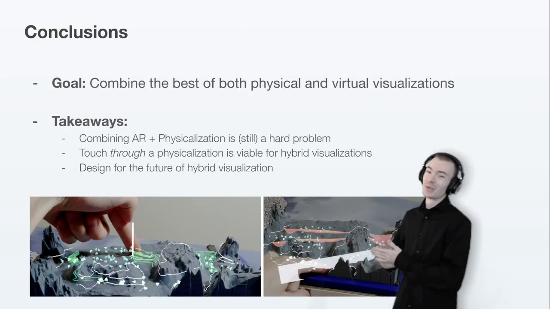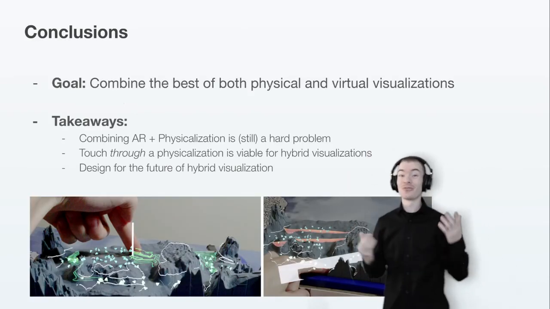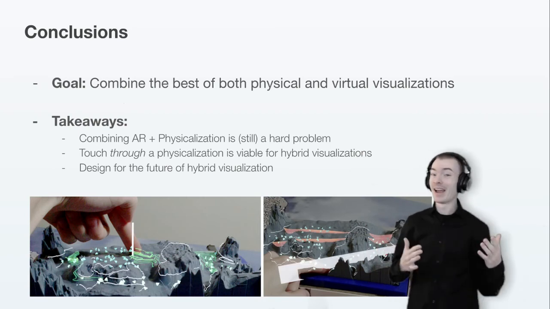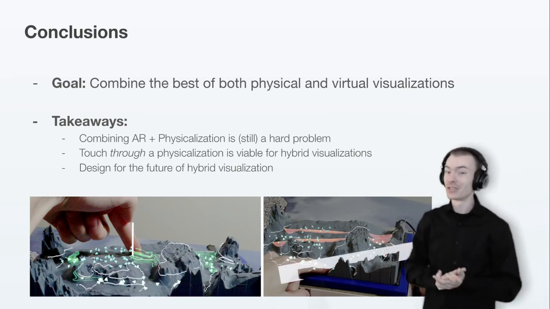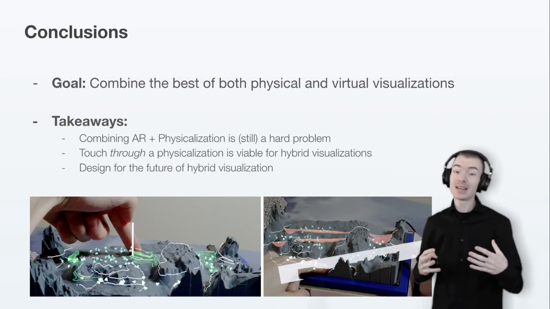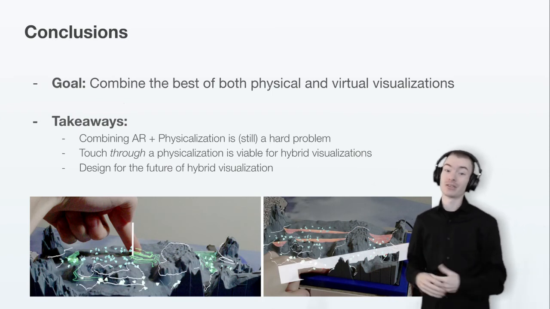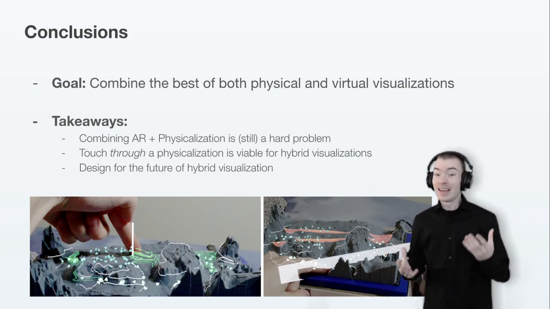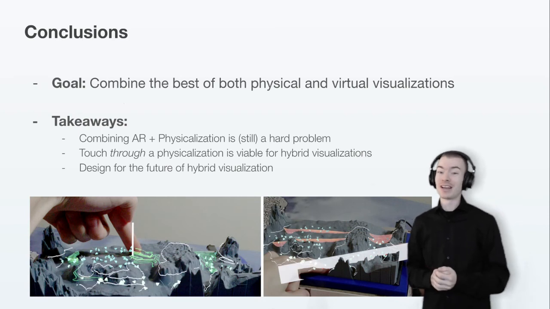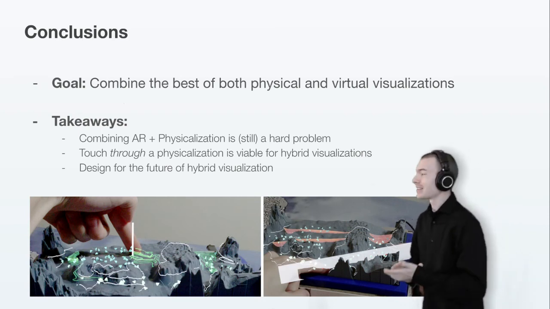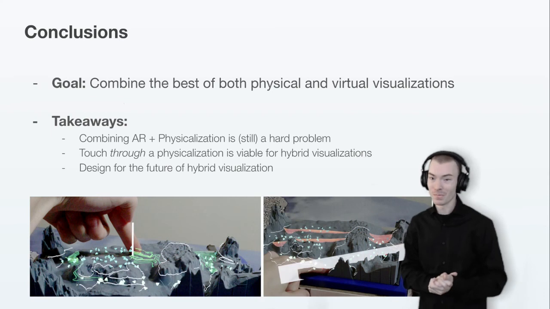In summary, we set out with this lofty goal of fusing the interactive querying, animation, and data exploration of digital visualizations with the immediate and relatable tangibility of physicalizations. But even with modern input technologies and immersive displays, combining these things is still a hard problem.